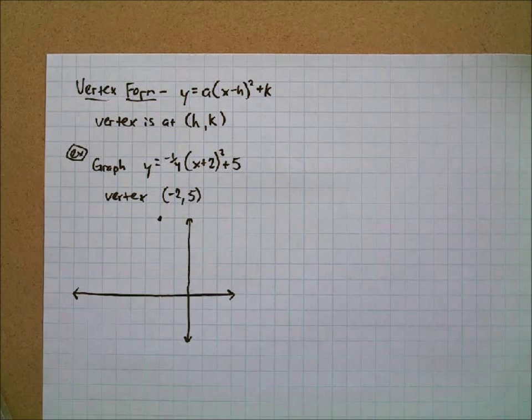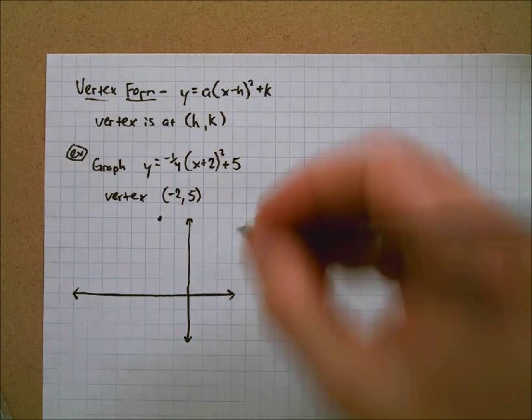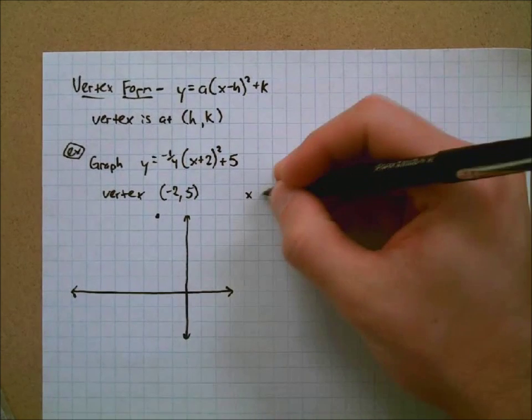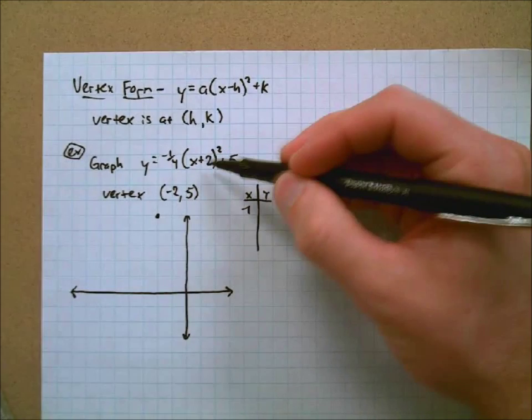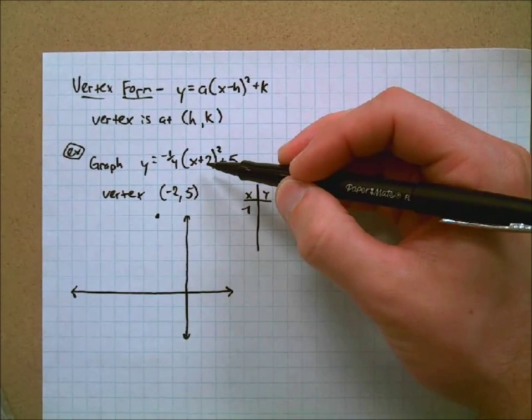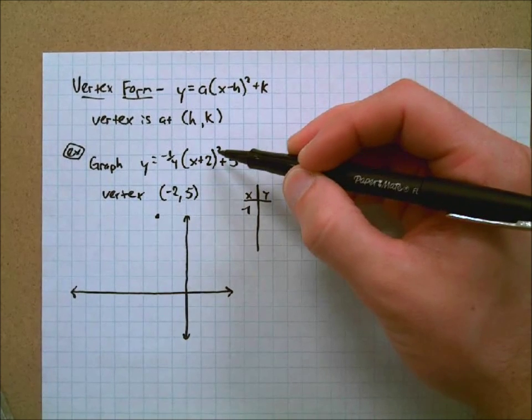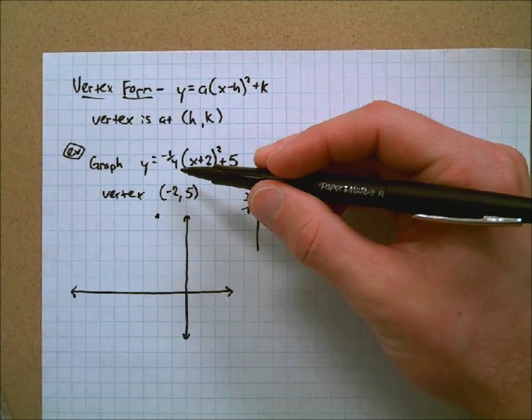So, suggestions for some x values to plug in here? Negative 1? All right, let's do it. Negative 1, we'll plug it in. Negative 1 plus 2 is 1. Squared is 1. Times negative 1/4, negative 1/4. Okay.